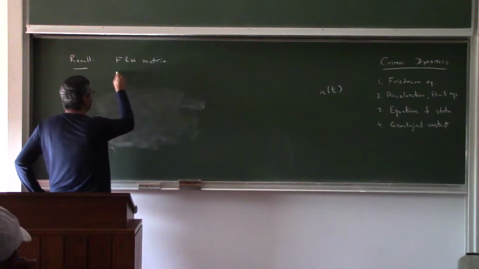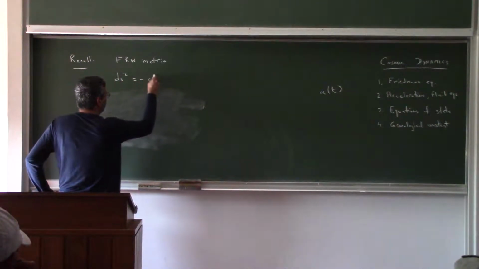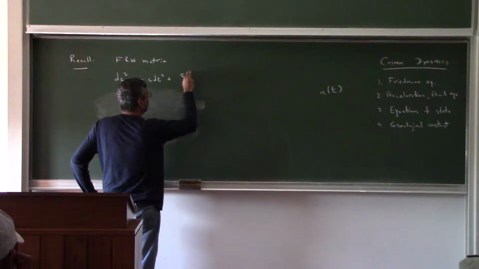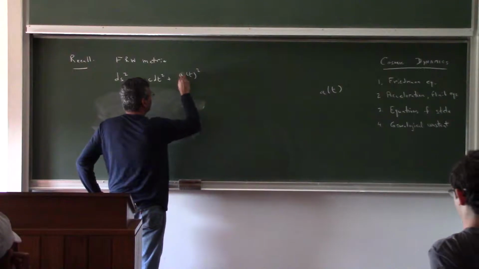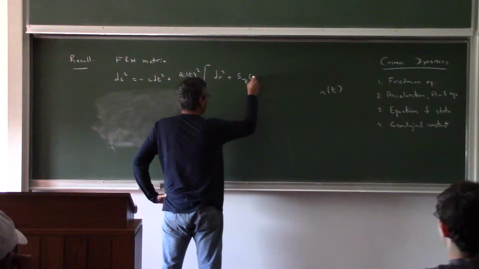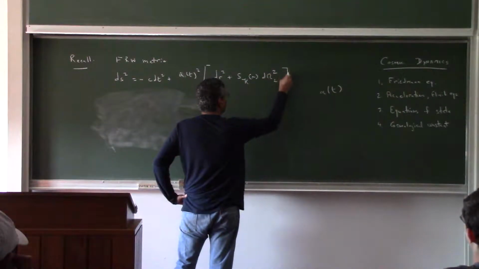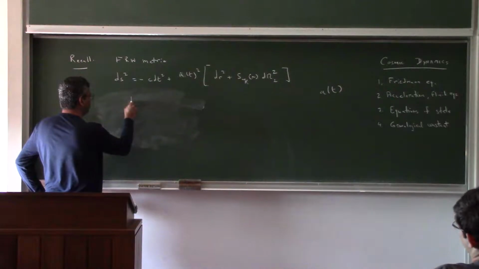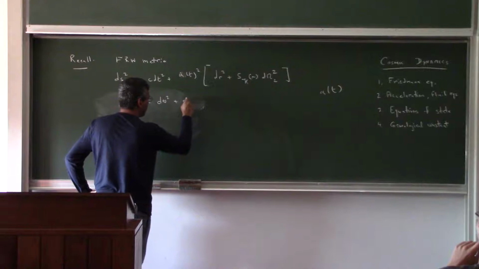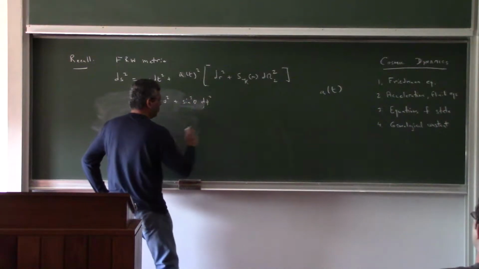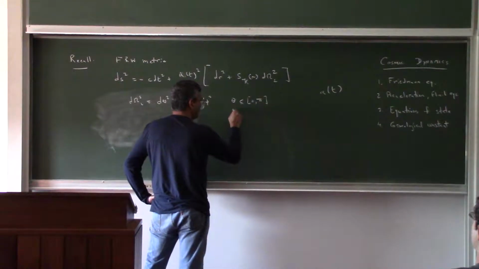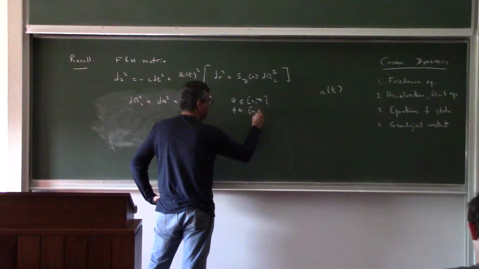And the metric looks like this, where dΩ² is the metric on the round 2-sphere. So theta is between 0 and pi, and phi is between 0 and 2 pi.